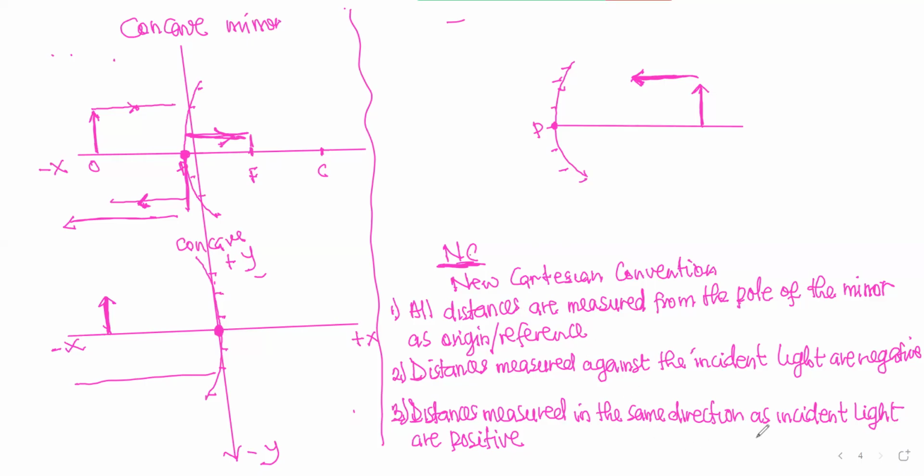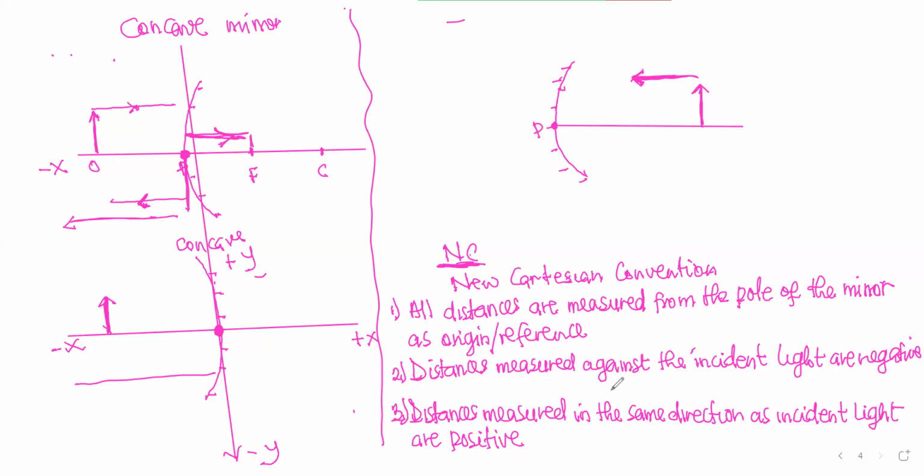So I'm repeating the question for the sake of those who perhaps joined late. An object is placed A, 20 centimeter, B, 4 centimeter in front of a concave mirror of focal length 12 centimeter.